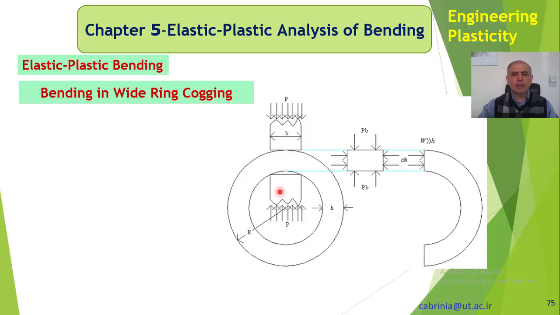So they press the ring and the ring expands, and by expanding, the diameter increases and the ring becomes bigger. At the beginning of the process you have a very thick, small diameter ring, and then you use this process, pressing it many times.